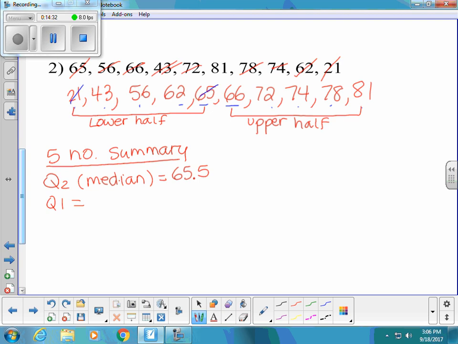Cross off, cross off, cross off, cross off. I get 56. Now, if there happened to be 2 in the middle of that half, you would add them up and divide by 2. Q3, cross off, cross off, cross off, cross off, and it's 74.